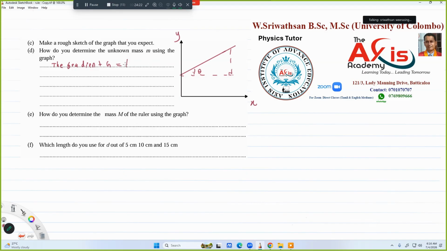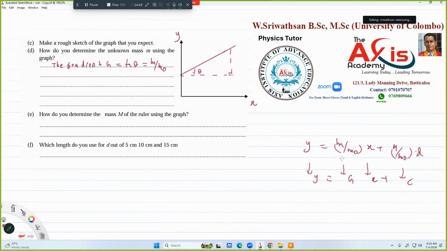Gradient is equal to tan theta, that is small m over M naught, because we know the formula y is equal to small m over M naught times x plus capital M over M naught times d. Okay, so this is y equals gradient G.